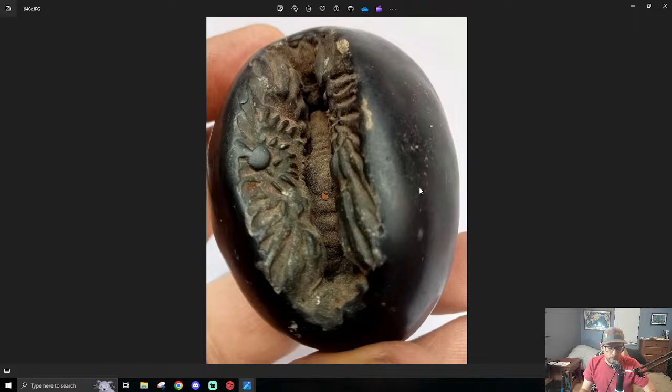So this one, though, it's obviously not what ammonites look like in general, but mind you, shaligrams can be etched by current flows, and are not fossils.